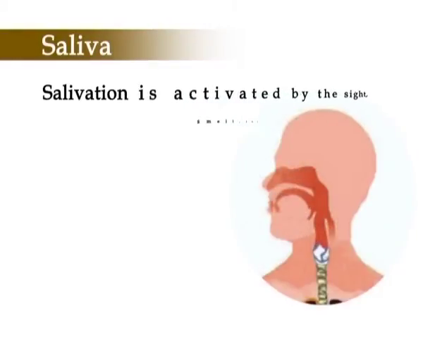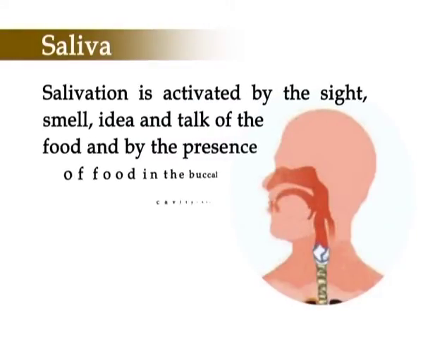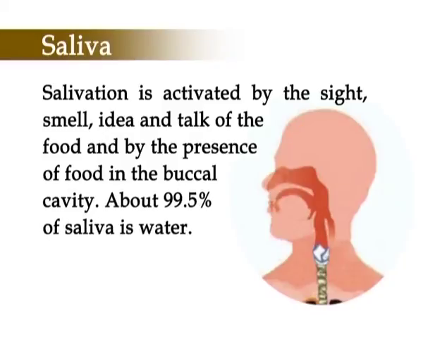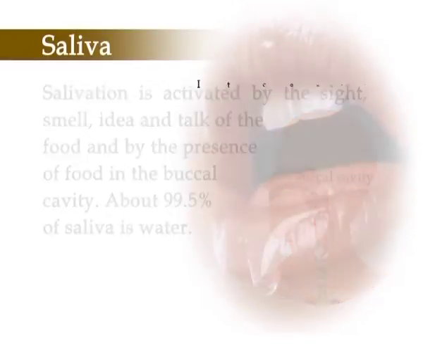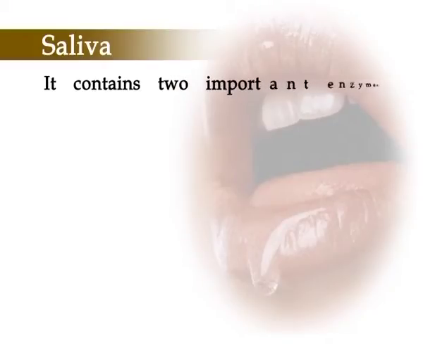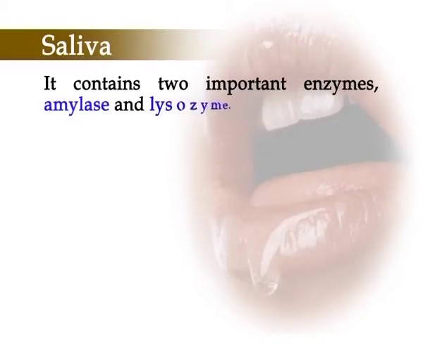Salivation is activated by the sight, smell, idea, and talk of the food and by the presence of food in the buccal cavity. About 99.5% of saliva is water. It contains 2 important enzymes, amylase and lysozyme.